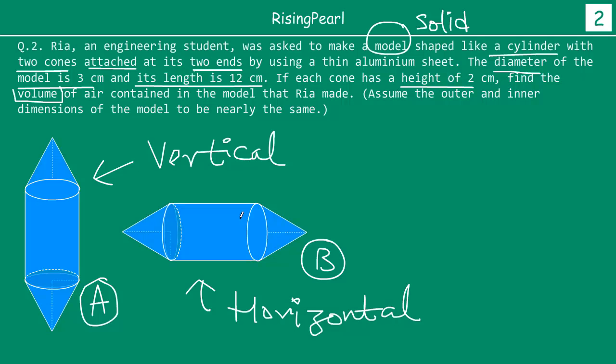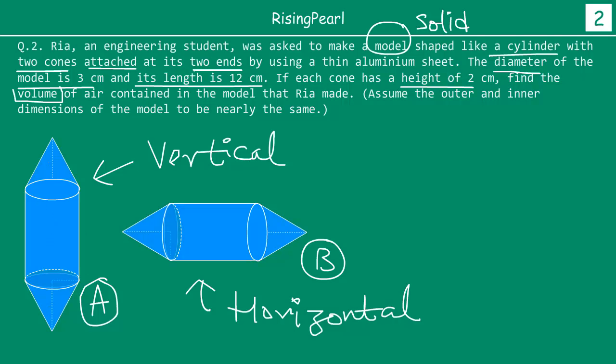But when you draw the shape, make sure you have one of these two as the shape of the solid: a cylinder in the middle and two cones on the two ends.